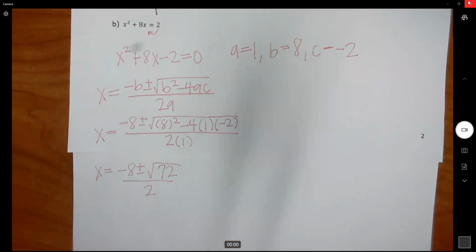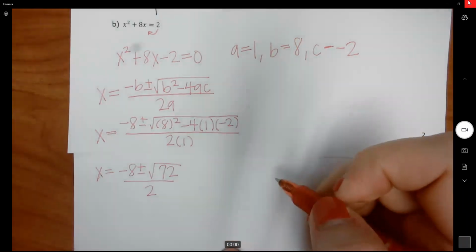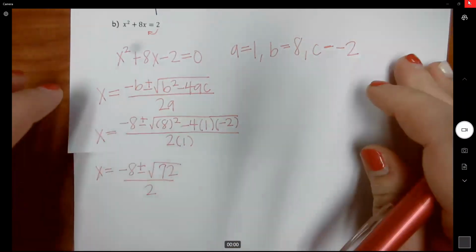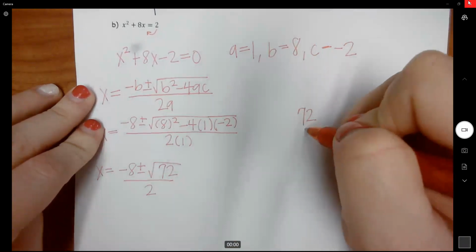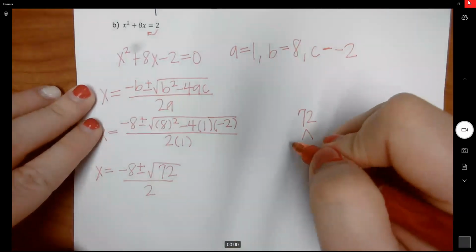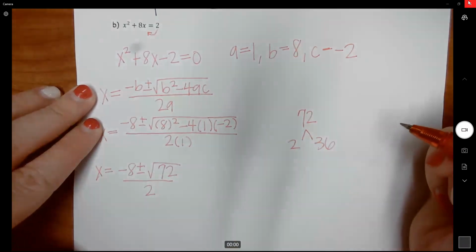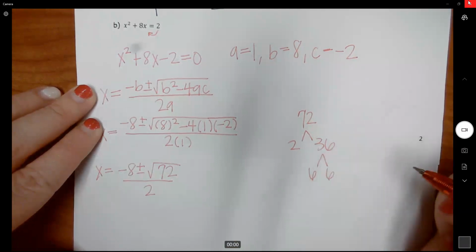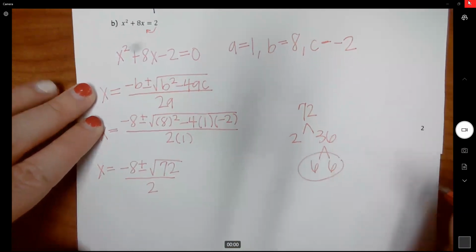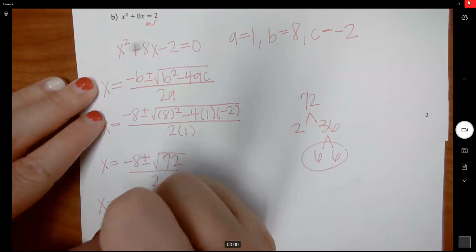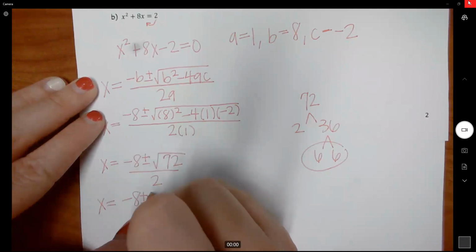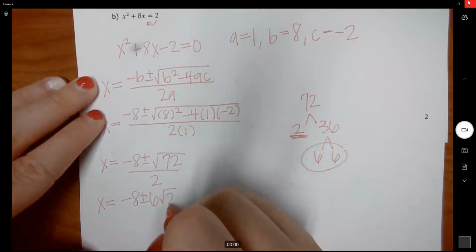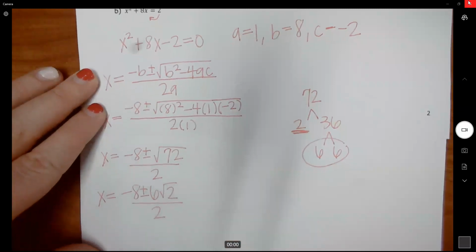And then let's break down 72. 72 is 2 times 36. 36 is 6 times 6. So there's my pair that comes out. You get negative 8 plus or minus 6 square root. This 2 is lonely. He stays inside. All over 2.